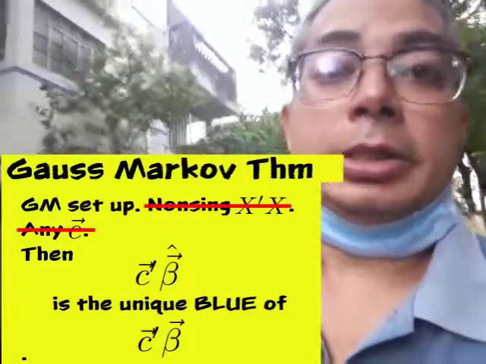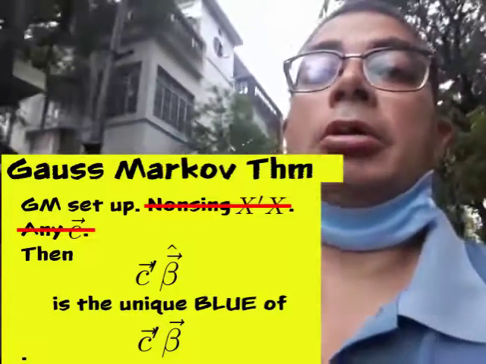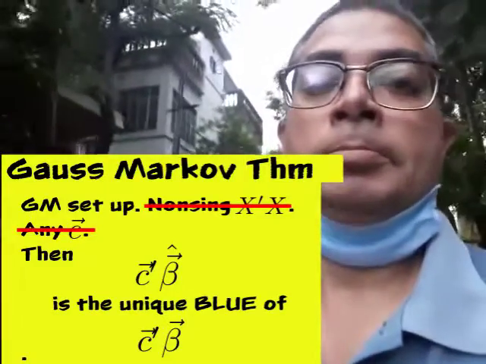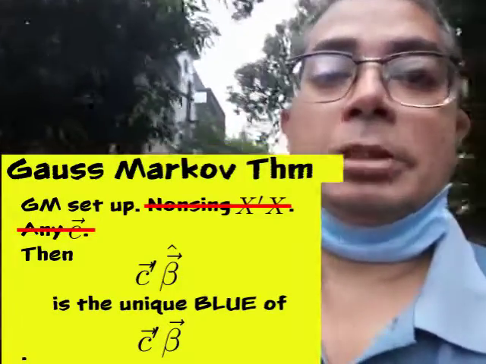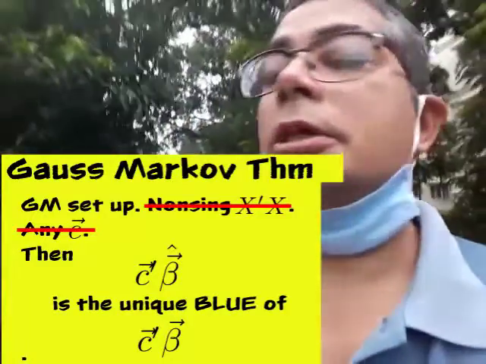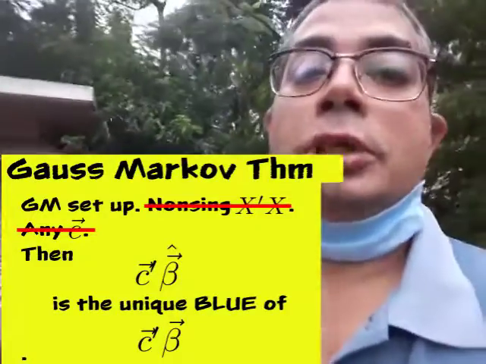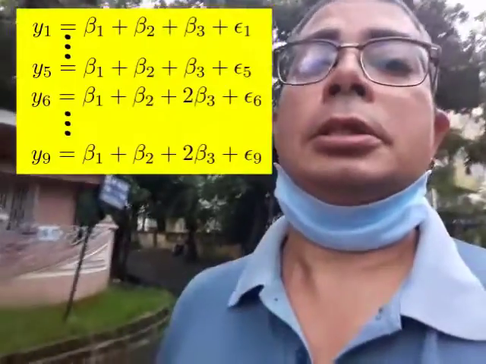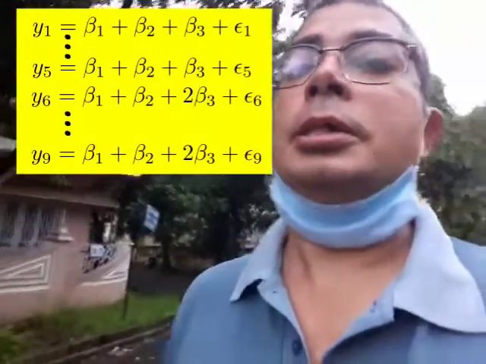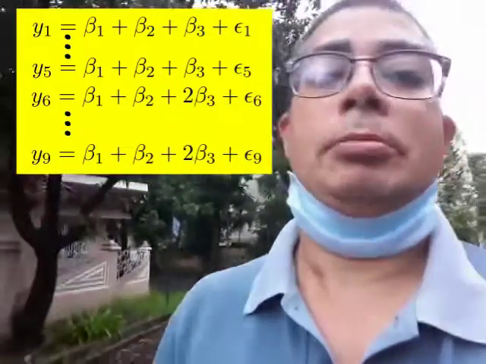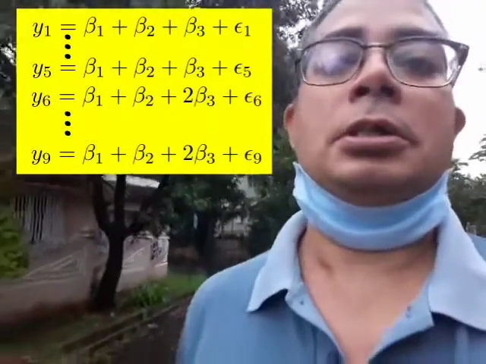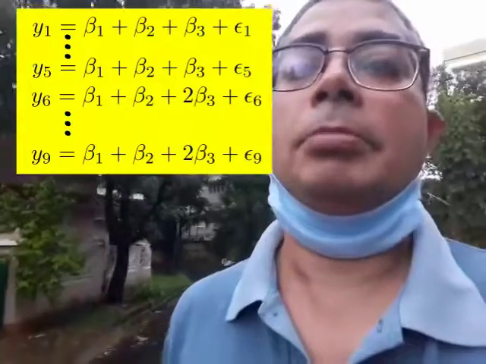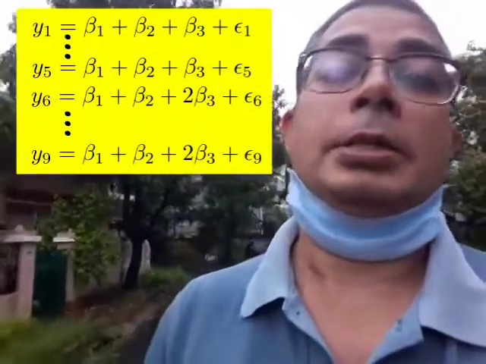Now let's try to understand what that extra condition is going to be. The condition is already given in the book, but let's try to understand intuitively what it should be. So let's take this example, a simple linear model. The first line is y1 equals beta 1 plus beta 2 plus beta 3 plus epsilon 1.